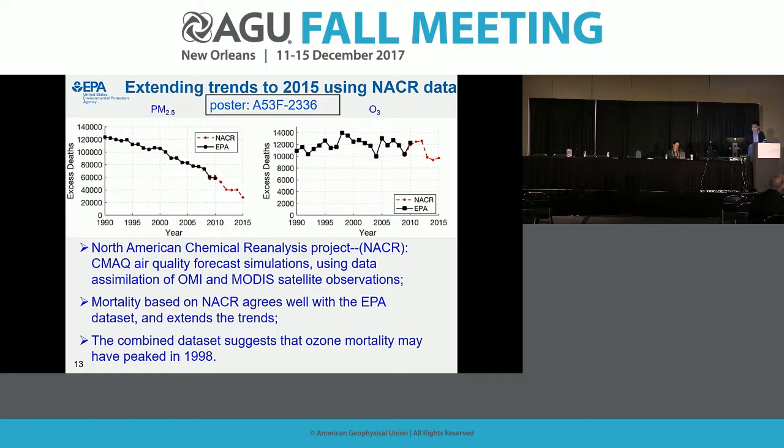So we have calculated the mortality burden using the data set from 2009 to 2015 for both PM and ozone, which is shown in red. And we draw the conclusion that the mortality based on this project agrees very well with our model results. And also, if we take a look at the ozone mortality burdens, we found that the ozone mortality may have peaked in 1998.